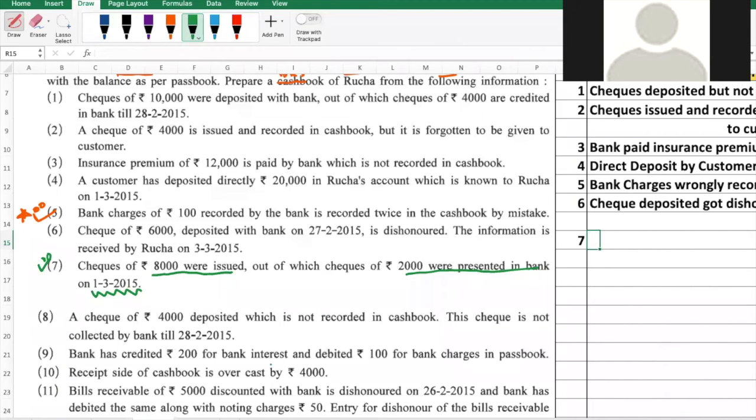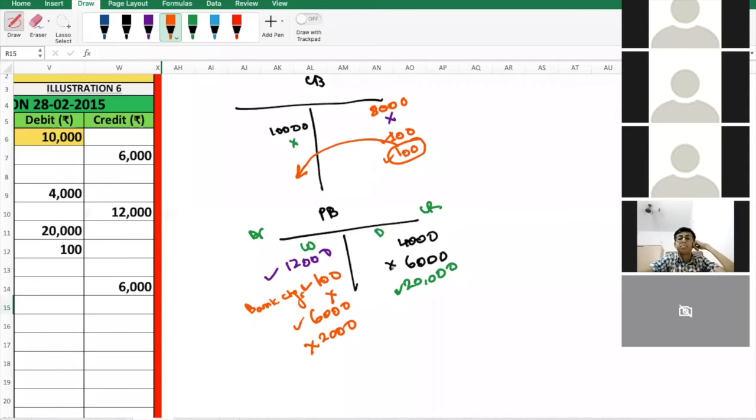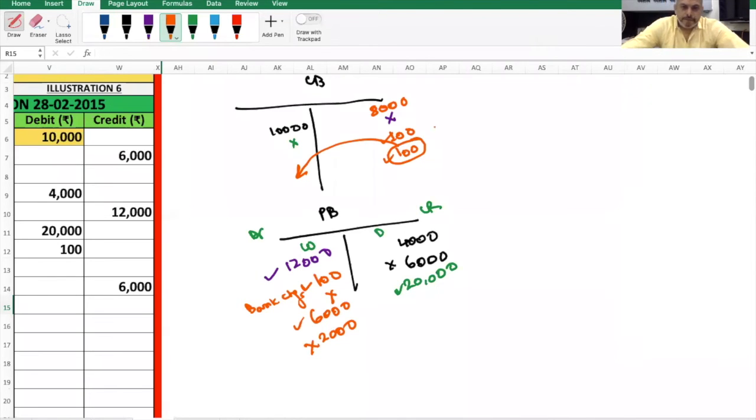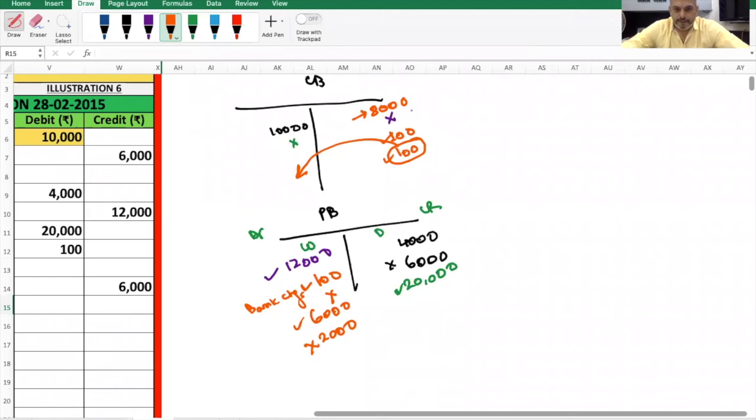Now over here, checks of 8,000 we have issued, but 2,000 were not presented in the month of February.